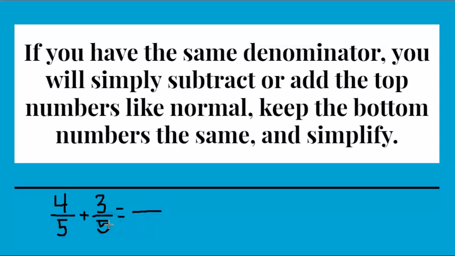So I'll give you a few seconds to think about what the bottom number will be. If you think that it is 5, then you are correct. And I will also give you a few seconds to think about what the top number will be.